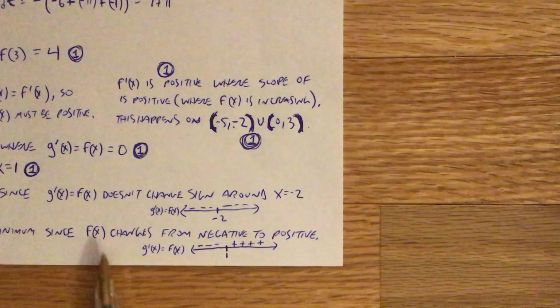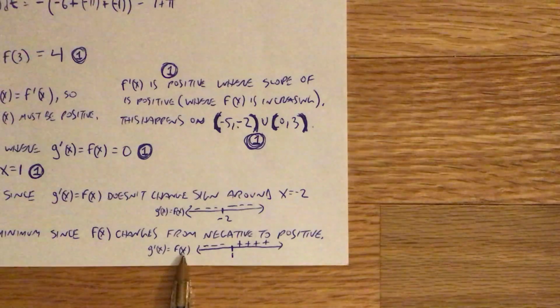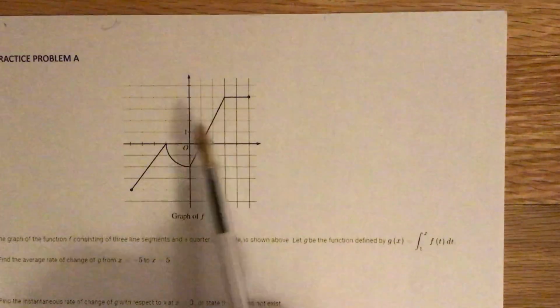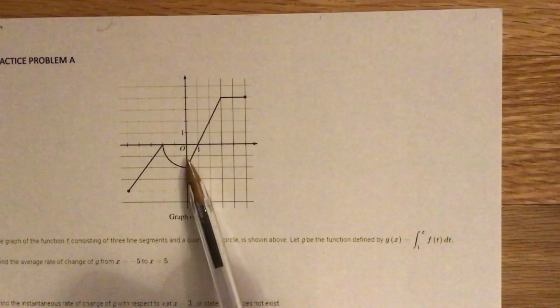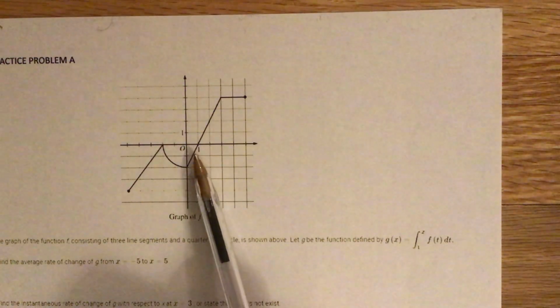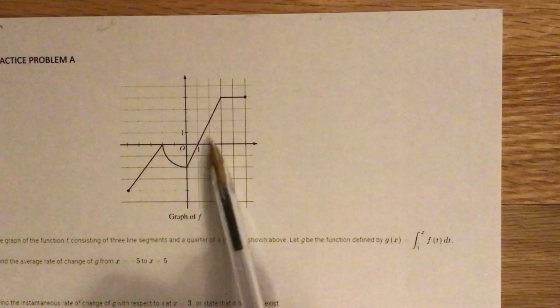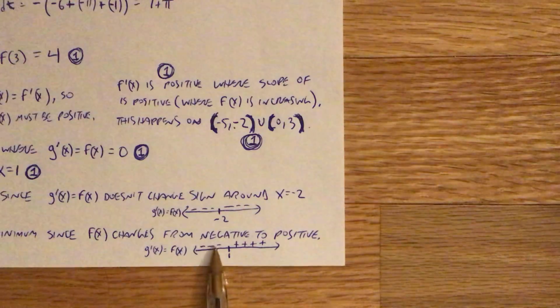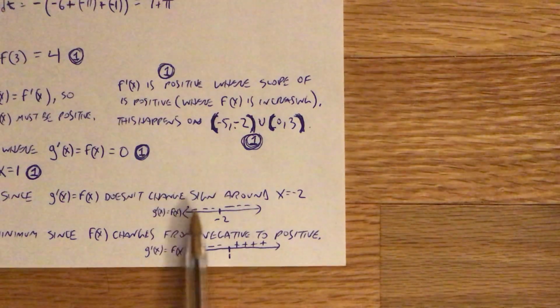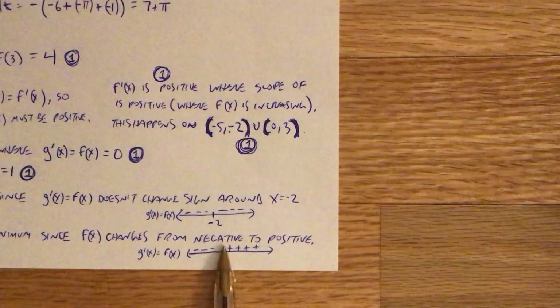Looking at the derivative of g, which once again is f, it goes from negative to positive. If f is negative and then goes to positive, that means the original function g was decreasing, stopped, and then was increasing. If you decrease, then increase, you are a minimum.